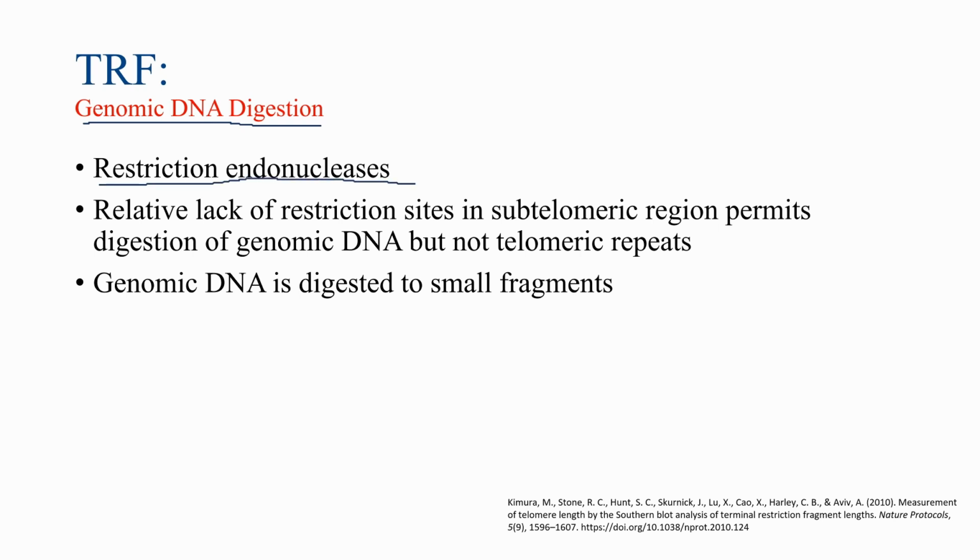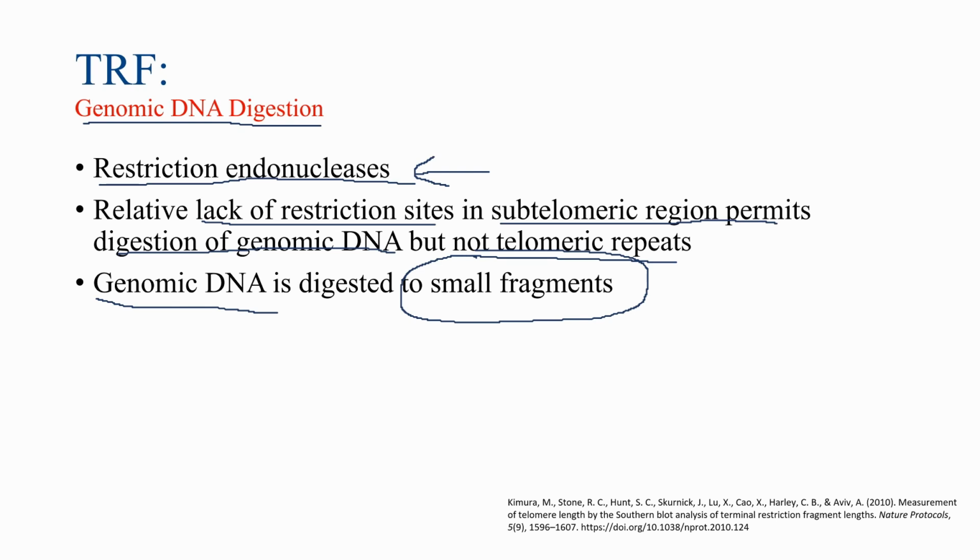Importantly, the reason you can do this with restriction endonucleases and not digest your telomeric repeats is because there is a relative lack of restriction sites in the subtelomeric regions that permits the digestion of genomic DNA but not the telomeric repeats. So the outcome is that your genomic DNA will be digested into small fragments while your telomeric repeats and the subtelomeric regions are undigested.